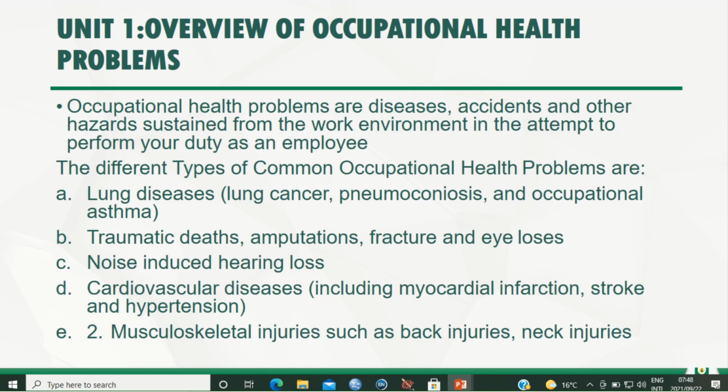Noise-induced hearing loss. Cardiovascular disease such as hypertension, stroke. Musculoskeletal injuries such as back injuries for those who work in an industry or company where they have to lift heavy objects. Neck injuries.